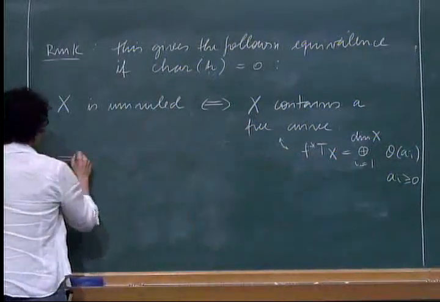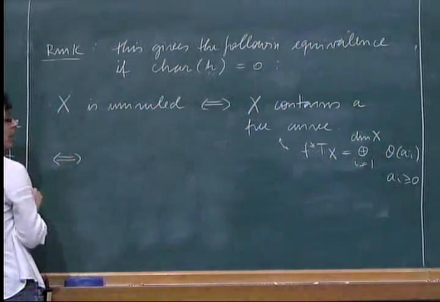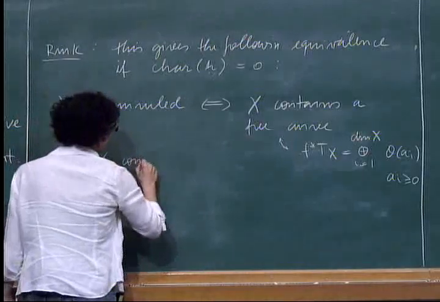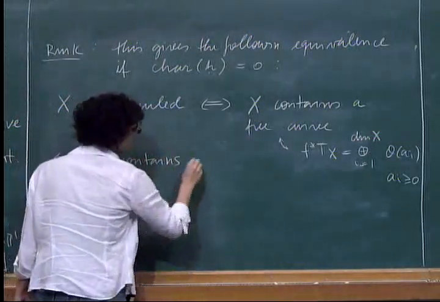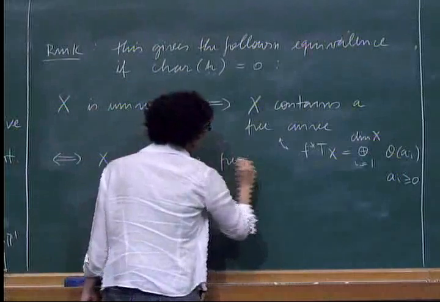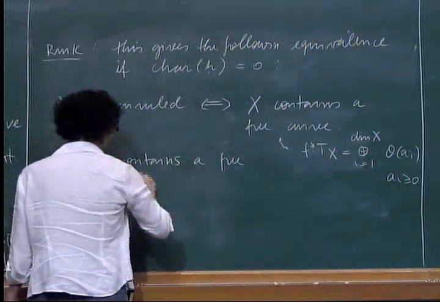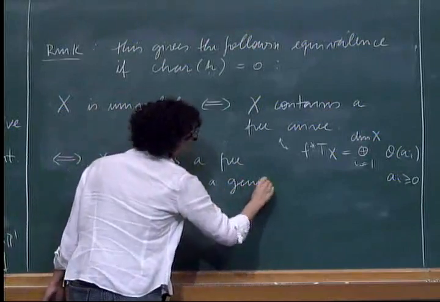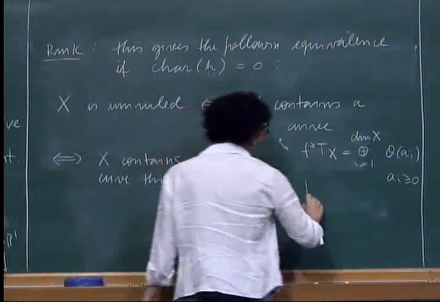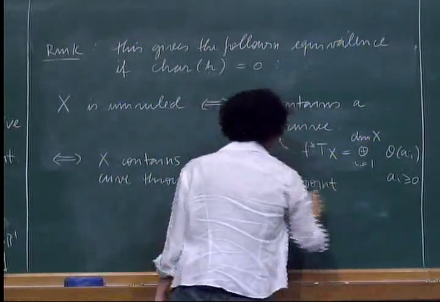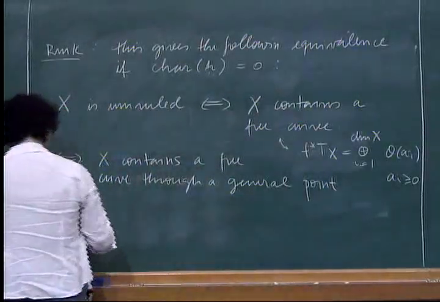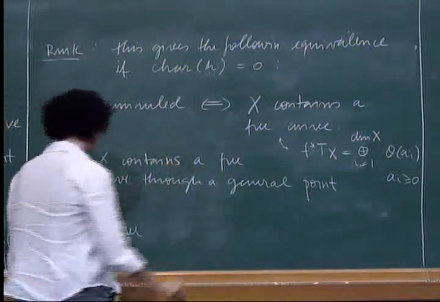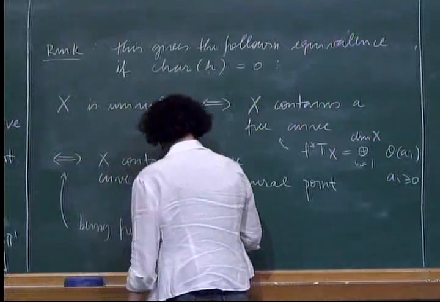And so by semi-continuity, we get that X contains a free curve through a general point. This is because being free, as well as very free, is an open condition.